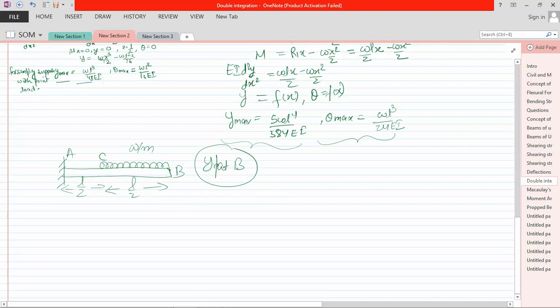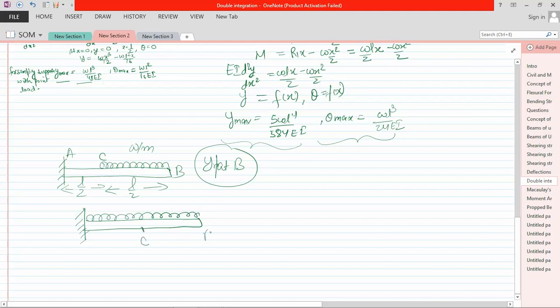what I will suggest is, let us make a slight adjustment. Suppose I just draw the complete UDL.